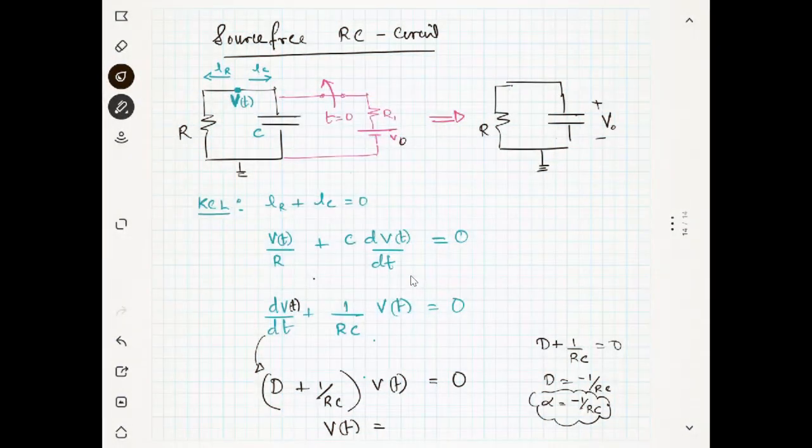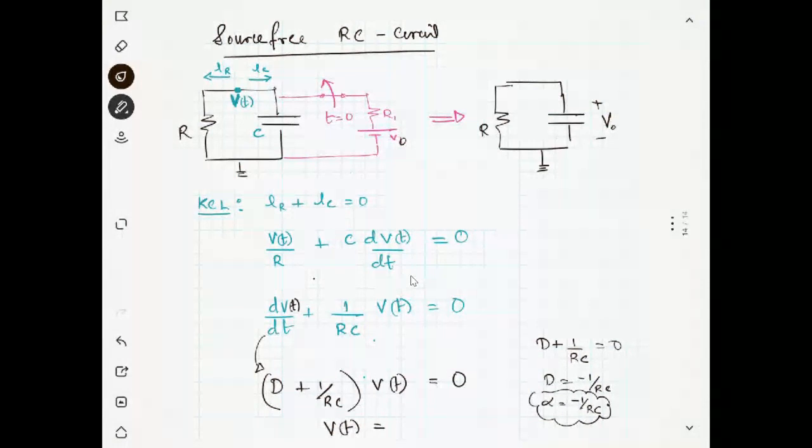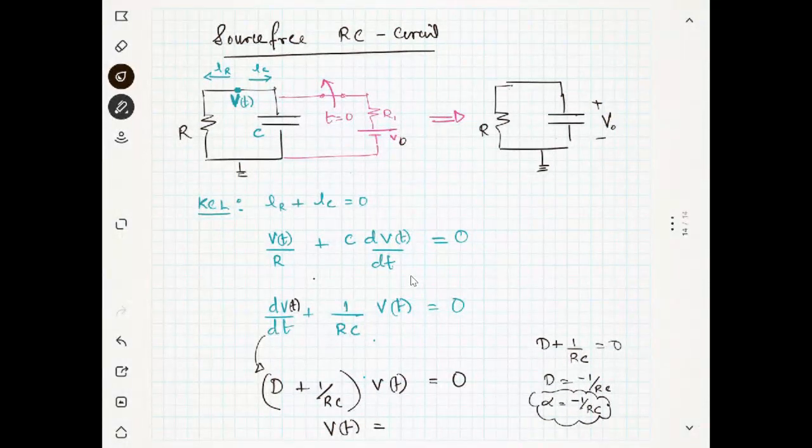Current means magnetic energy, and voltage means electrostatic potential or electric field. Magnetic field is always related to the current. Electric field is always related to the voltage. That is the only difference. They are dual, like male and female.